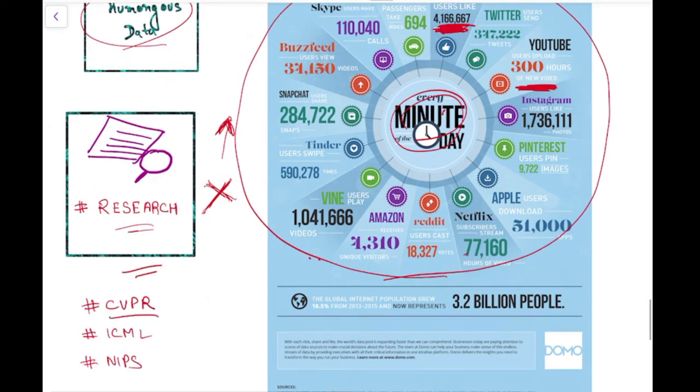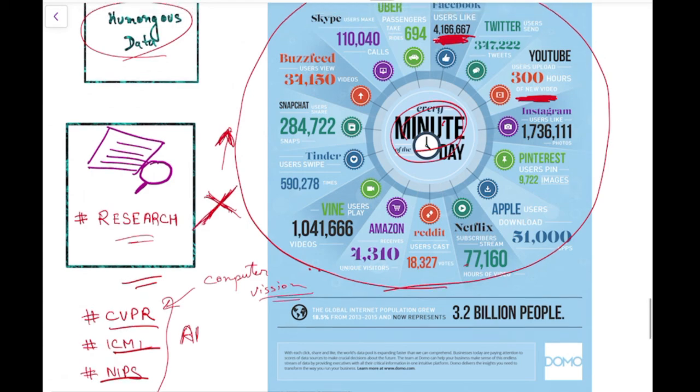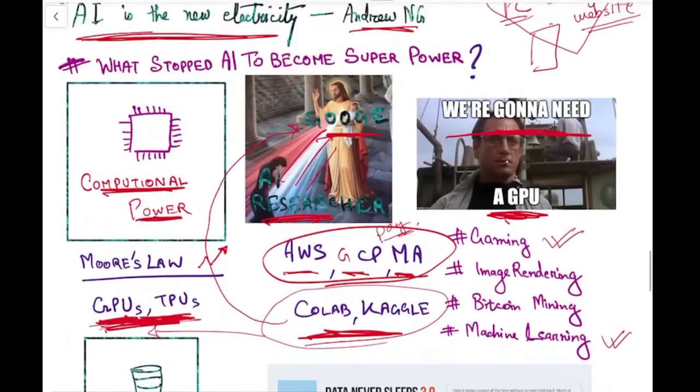But now you have CVPR, a conference for computer vision, and ICML and NIPS. These are conferences for artificial intelligence. There are many other conferences, but these are the major three. So research is no longer a constraint for the boom.